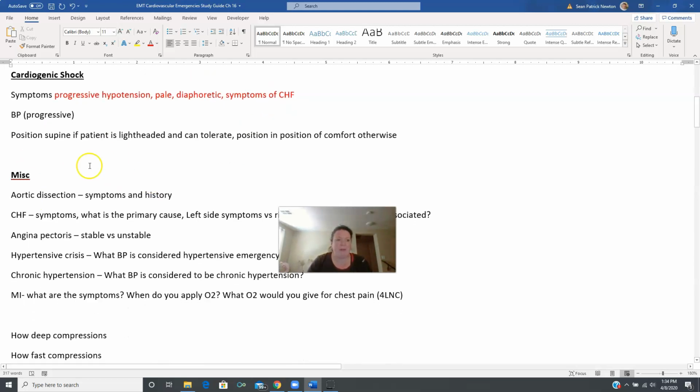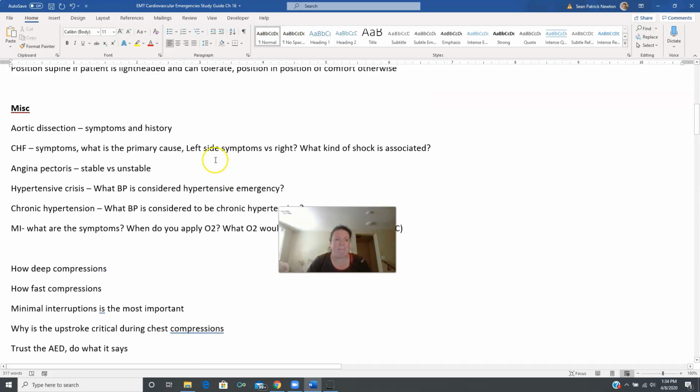And then again, the blood pressure is progressive. Position the patient supine. In shock, we always want to position the patient supine. That's part of our shock treatment. But most of these patients can't tolerate it. So if they're lightheaded and they can't tolerate it, it's position of comfort, which is probably semi-Fowler's.